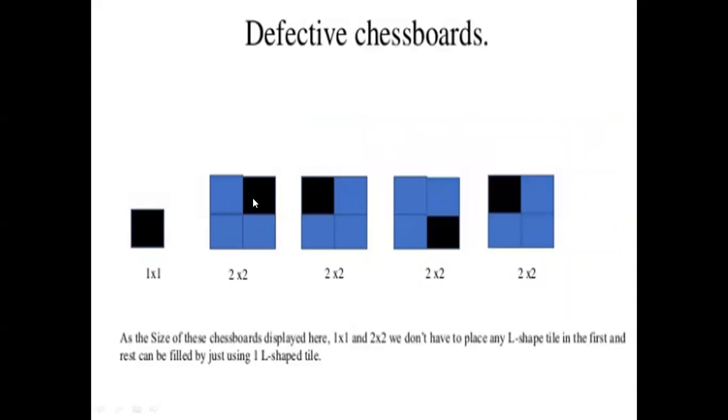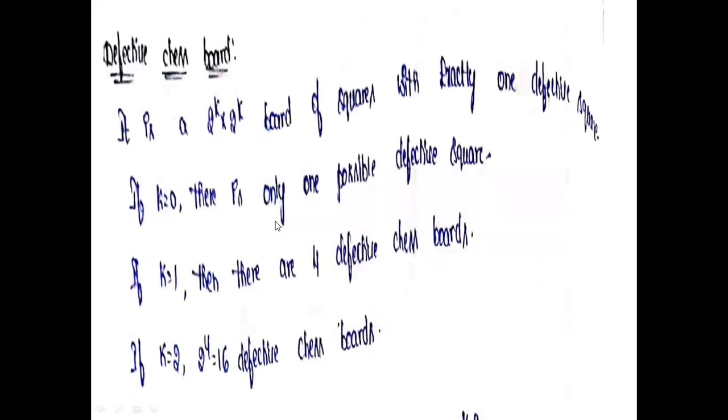Suppose here one square is defective, or another square, or another, so there are four possible defective squares. The trominos cover only the non-defective squares.